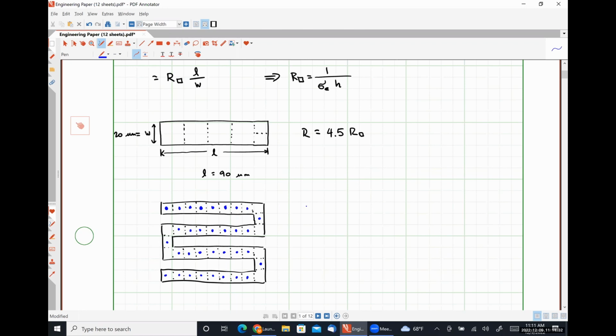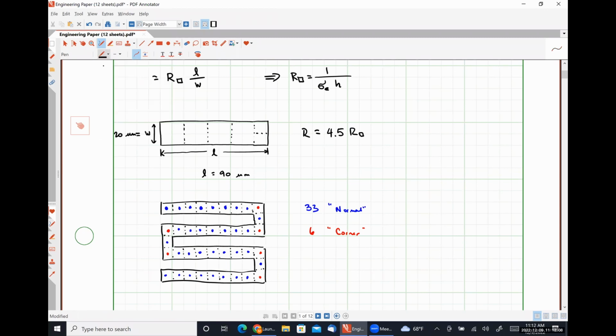So if I counted correctly, there are 33 normal and there are 6 corner squares. Why I'm making a distinction here is because the way that our current density is going to work out, our corner squares aren't going to have the same sheet resistance as our regular squares will, okay?